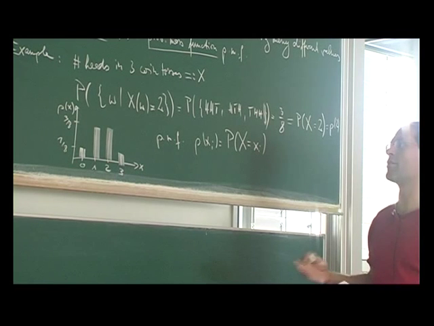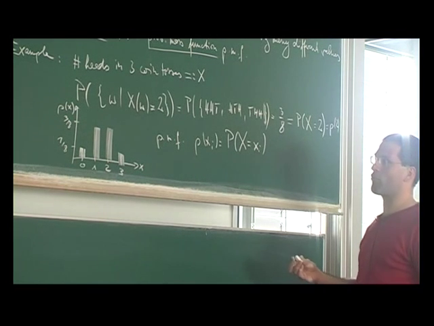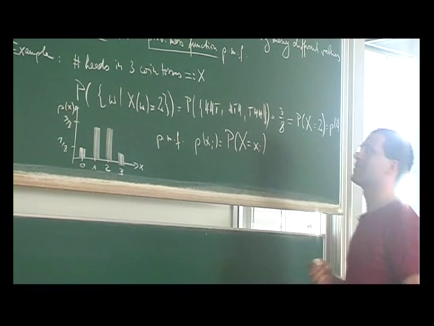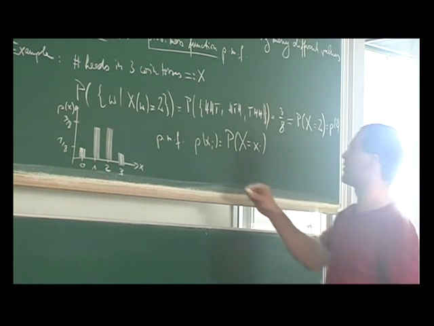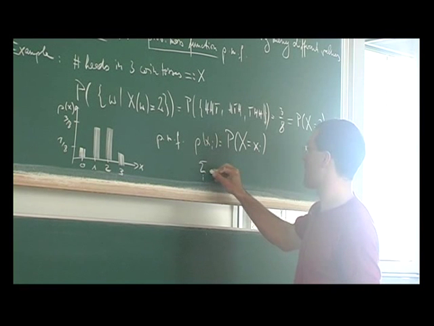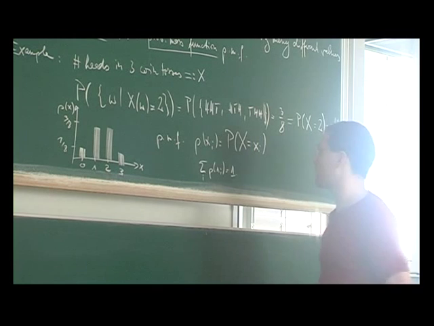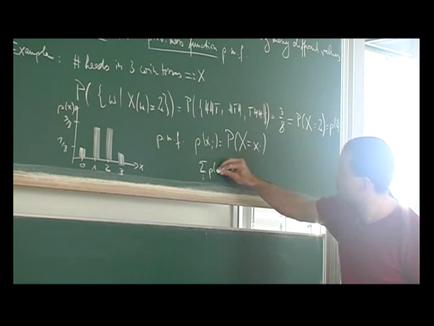So the certain event has a probability of 1. I must have one of these possible numbers of heads, so the sum over these is 1.